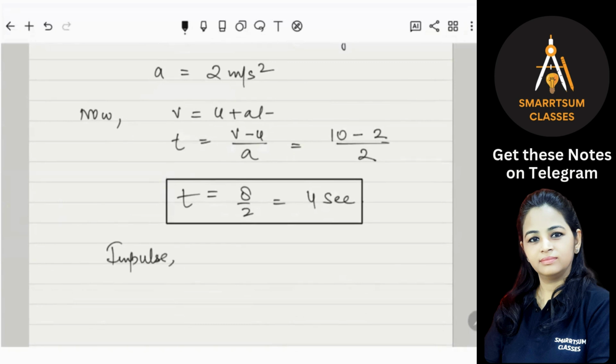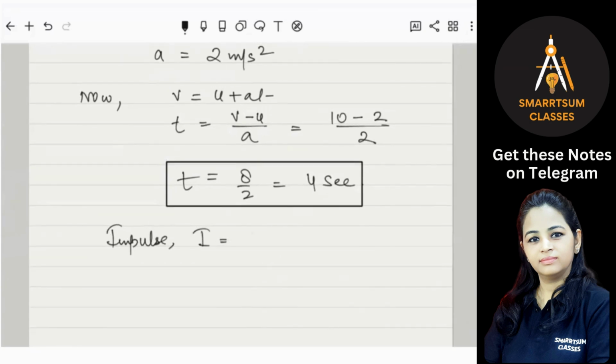Now what is impulse? Impulse is change in momentum, or in terms of force, it is F into t. So impulse is the impact, meaning the force and for how much time that force is applied on the body.